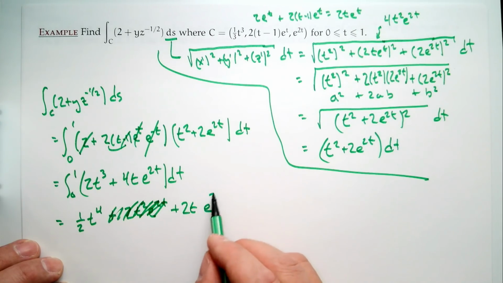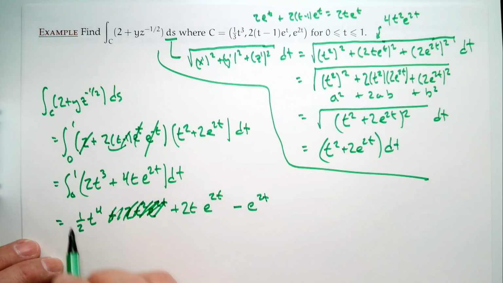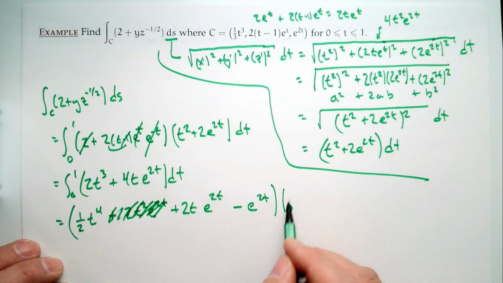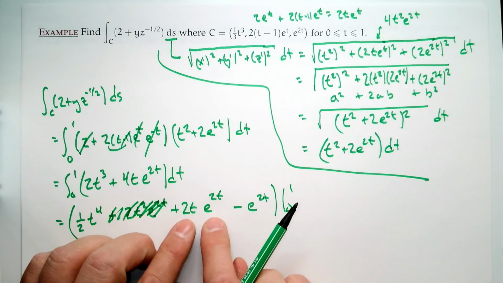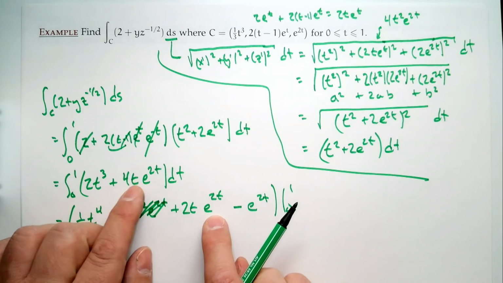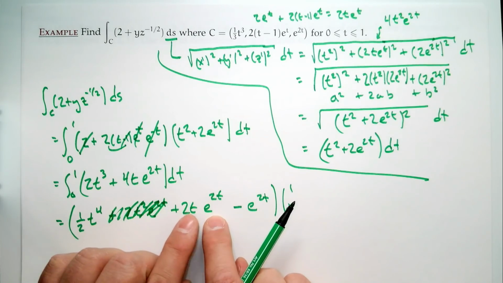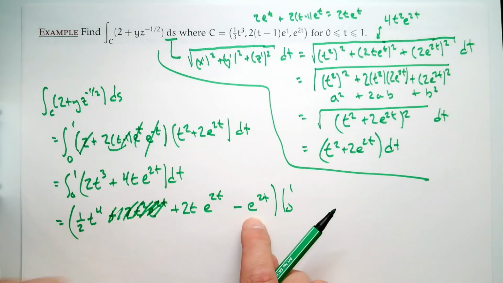I'm getting too old for this. 2t e to the 2t, and then we're going to subtract e to the 2t. Is that right? Well, when in doubt, just take the derivative. So if I keep the first term and take the derivative of the second term, that gives us 4t e to the 2t. Then we'd have a 2e to the 2t, but we also subtract 2e to the 2t. So yeah, that's right. You can do the integration by parts.